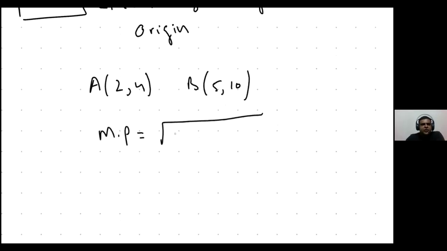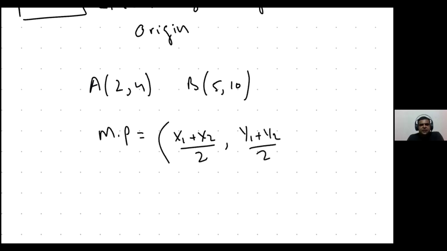So the midpoint formula, let me erase this. I don't need the square root in the midpoint. It is basically the x coordinate, x1 plus x2 divided by 2, comma, the y coordinate is y1 plus y2 divided by 2. All right. So now we're going to put the values in.